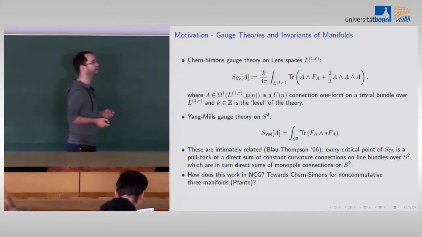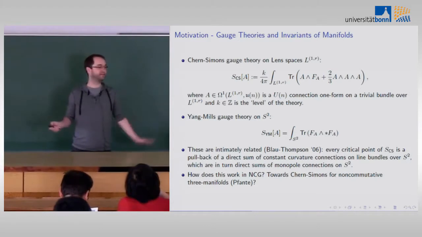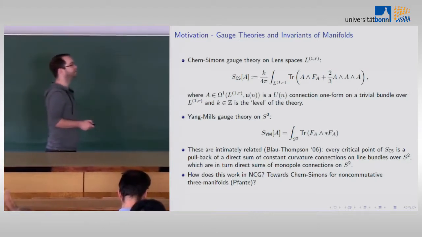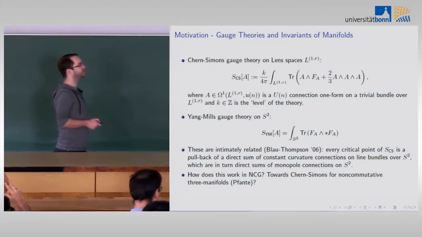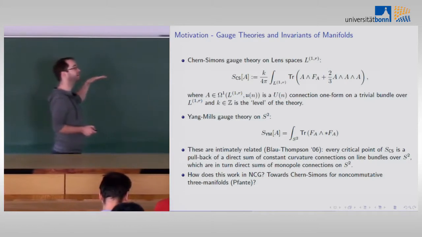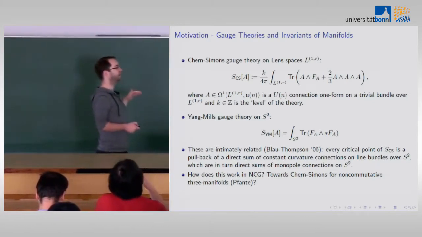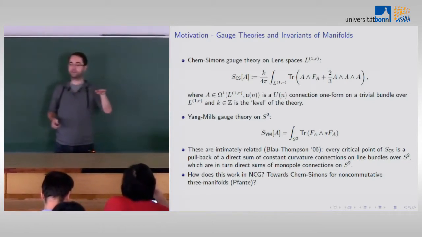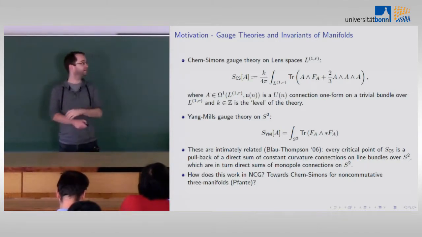This has been well studied. There are too many names to even mention here. But does the study of this relationship between Chern-Simons upstairs and Yang-Mills downstairs tell us something? We know the Yang-Mills downstairs, so can we learn something about the Chern-Simons upstairs?